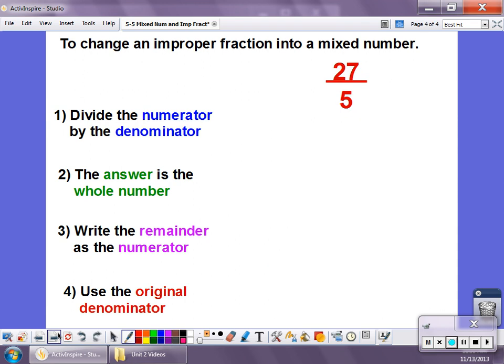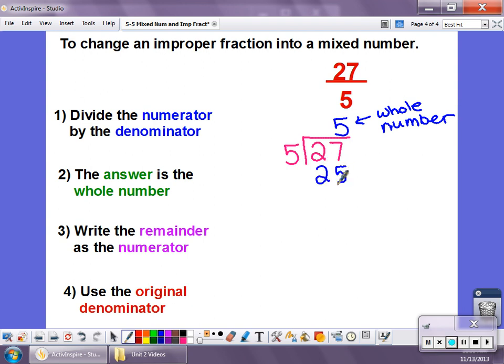Let's try one more. 27/5. So step number 1 is to see how many times I can divide 27 by 5. 27 divided by 5 goes in 5 whole times. So that's my whole number. 5 times 5 is 25, and we subtract and we get a remainder of 2.